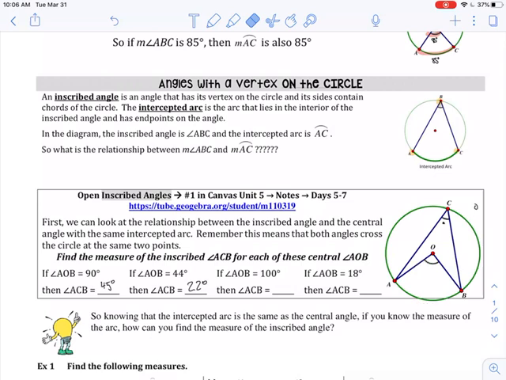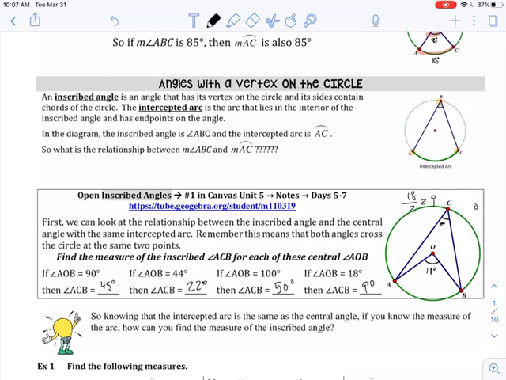AOB would be 100 degrees. So then that inscribed angle, angle ACB, would be half that. That would be 50 degrees. All right? If AOB happened to be 18 degrees, right, in order to find this angle up here, we do 18 divided by 2, it would be 9 degrees.